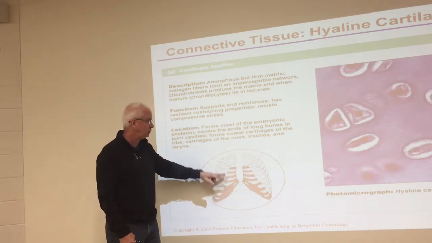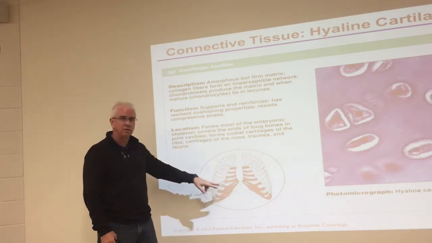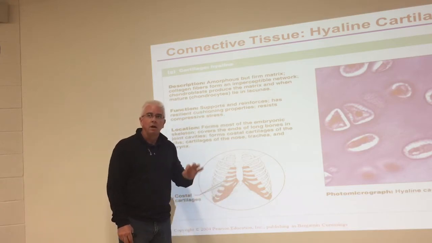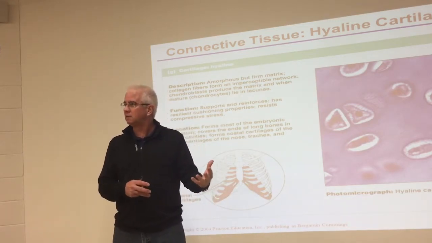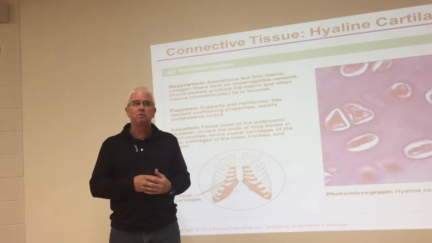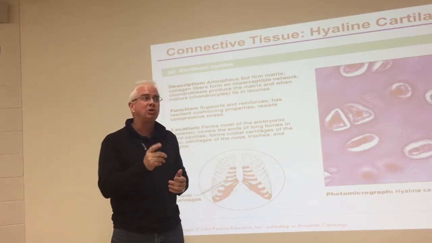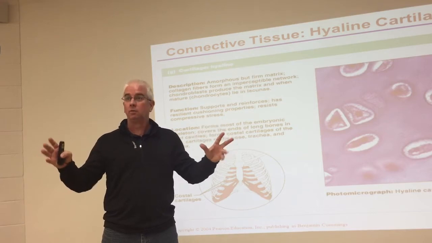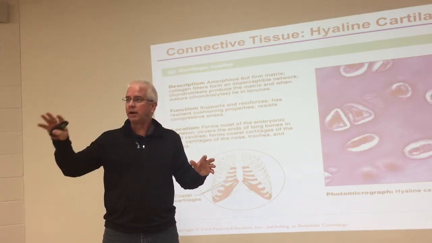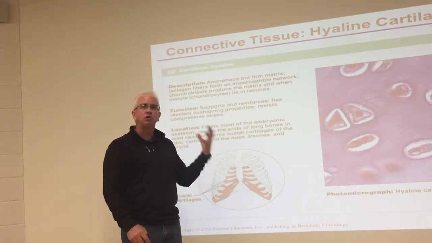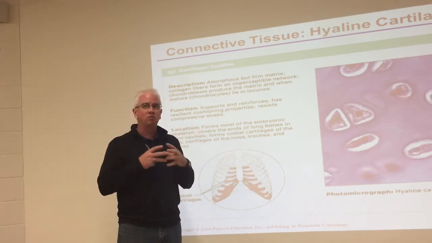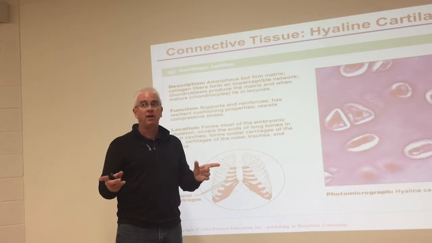This picture shows you the costal cartilages of the ribs. I taught you that bones are joined to bones by ligaments and muscles are joined to bones by tendons. And that tissue looks like dense regular collagen in these very regular patterns. And so you expect, wherever you go in the skeleton, that bones are joined to bones by dense regular connective tissue. That's fair.